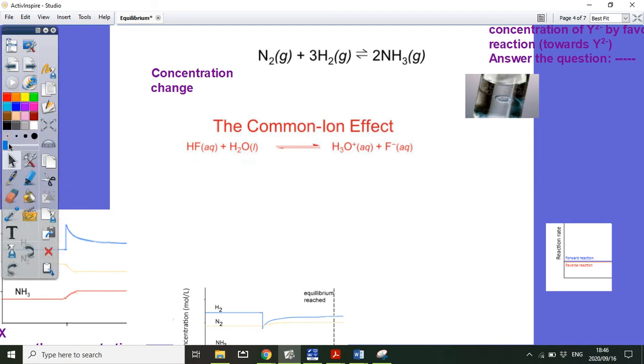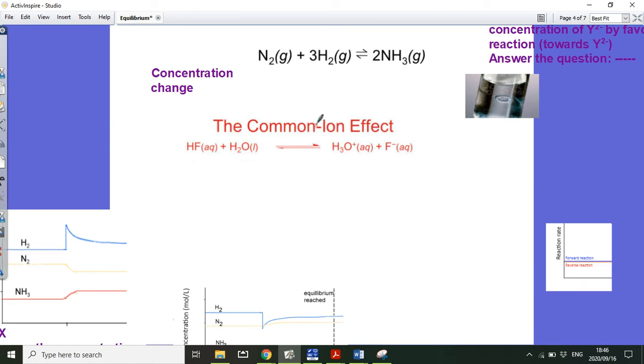So if I take that reaction there and I go and add something, let's say I go and add NaF. Now you know this is an ionic substance because it's a metal and a non-metal, and that will split up into Na+ and F-.